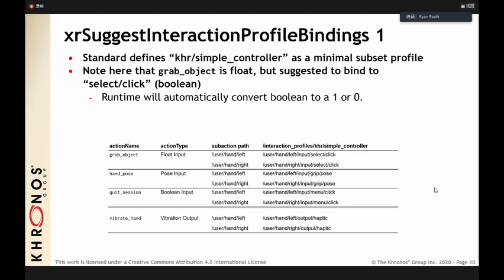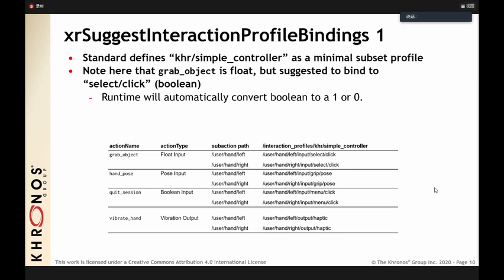This first call uses the interaction profile KHR Simple Controller. Unlike most other interaction profiles, this does not correspond to any particular specific piece of hardware. Instead, it's a generic, lowest common denominator sort of device that can be mapped to a wide variety of hardware. There are a few things to notice here.